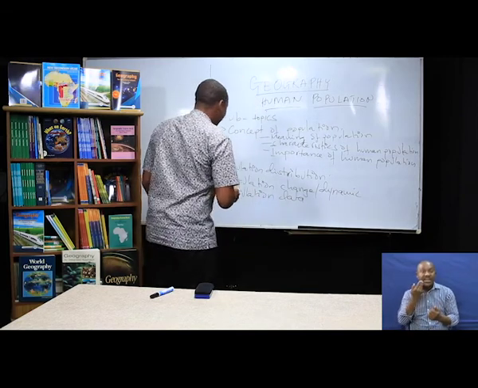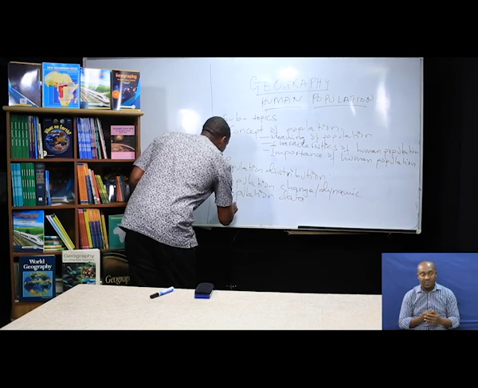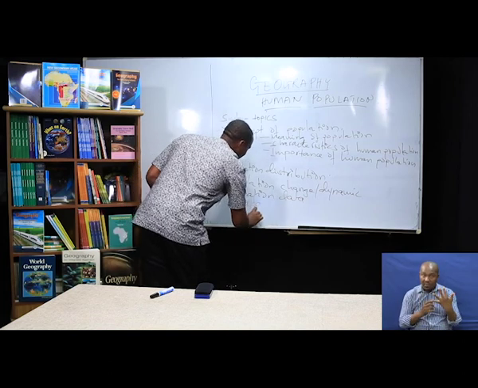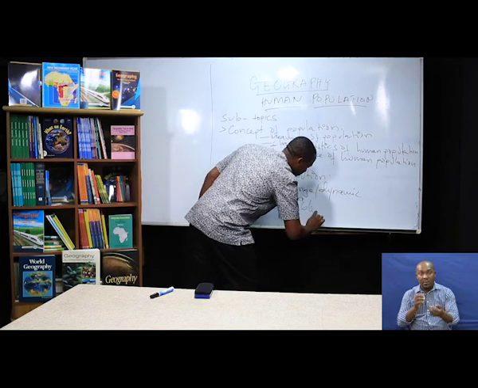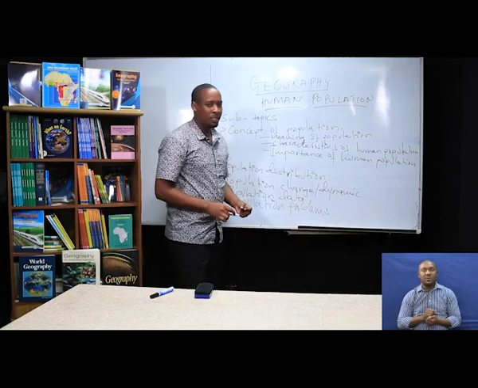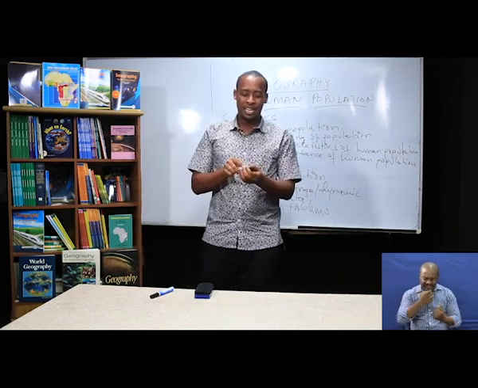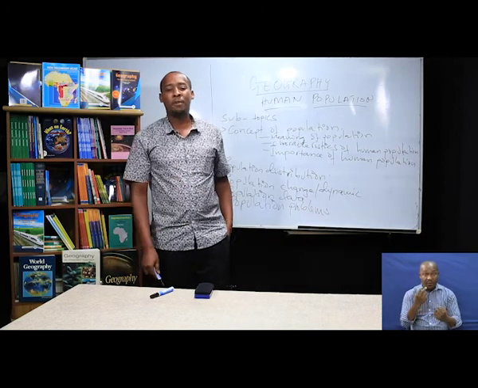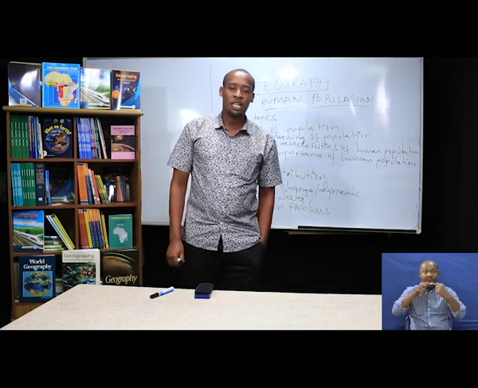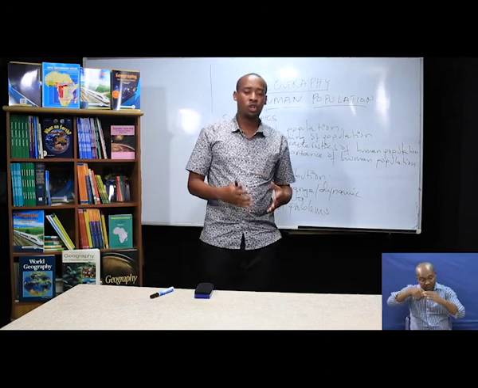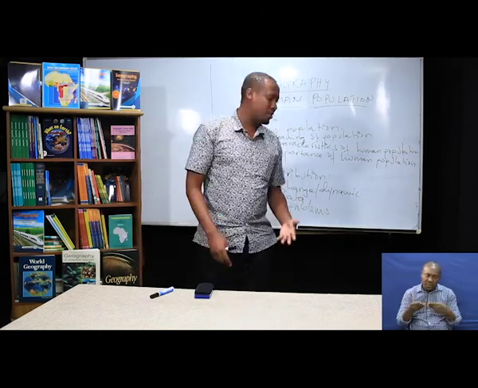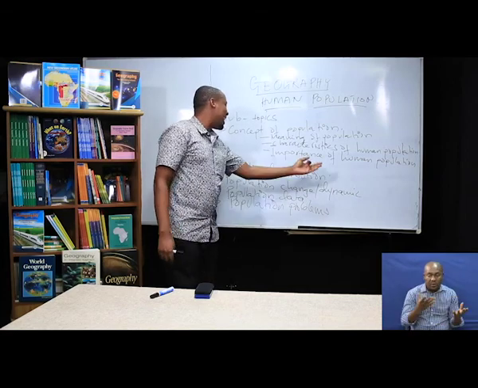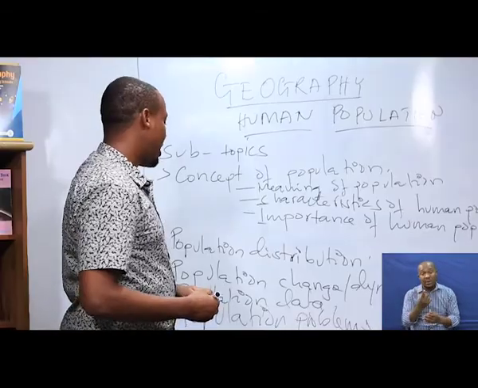Then, we have an aspect known as population problems. Those challenges, those difficulties that are facing the populations over time. So we have social problems, economic problems, environmental problems. Together, they are regarded as population problems.